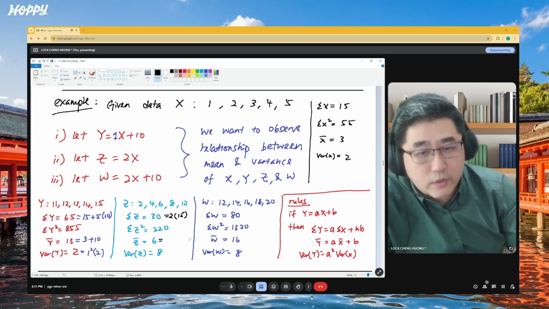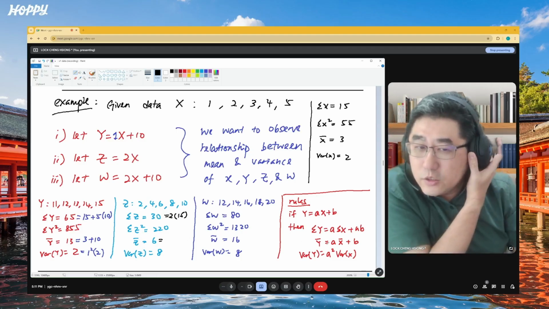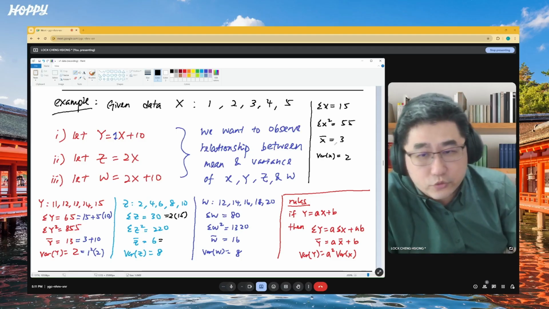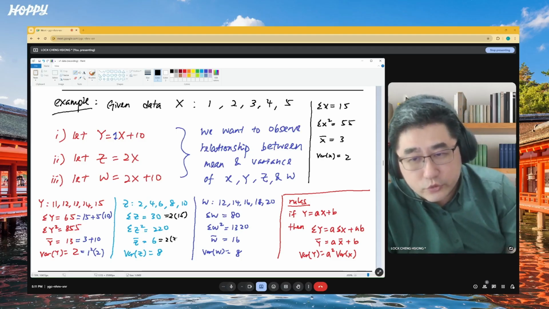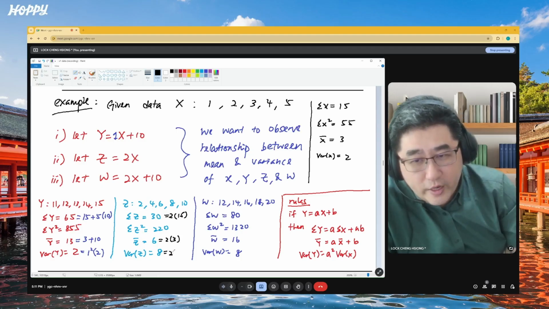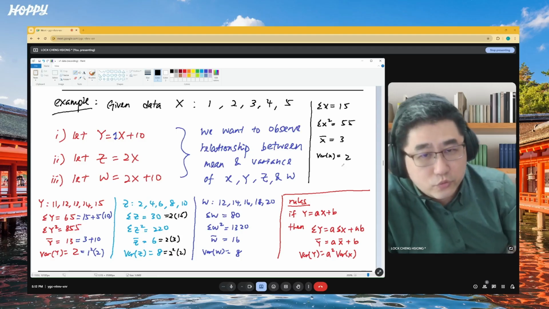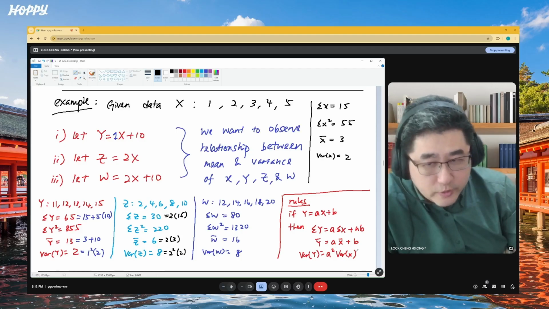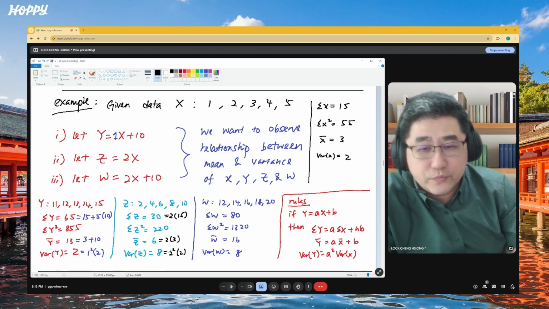Then the 6, what is the 6? It is 2 times the 3. And what about this 8? It is 2 square times the 2. Following the formula, you have 2 square times 2. Therefore, it gives you 8.